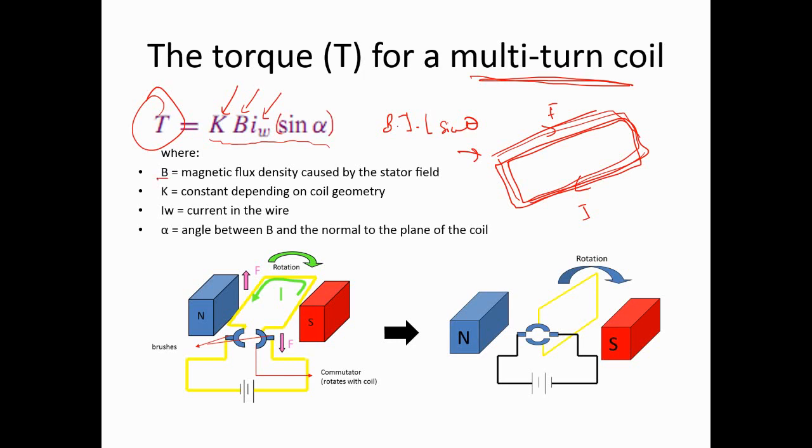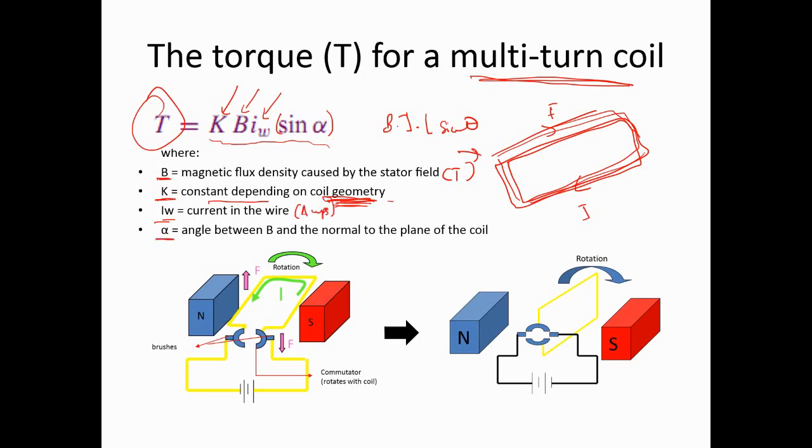So what is B? B again is a magnetic field, the magnetic flux density in Tesla. K is a constant that depends on the coil geometry. So it depends on how many turns you have, how large the coil is, how long the coil is, and so on and so forth. Right? And then I omega is, as you can imagine, the current that circulates in that coil in amps again.